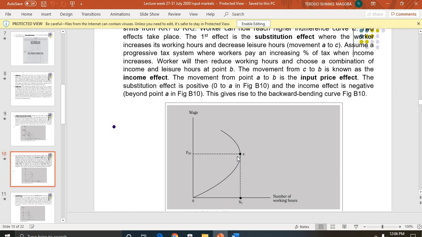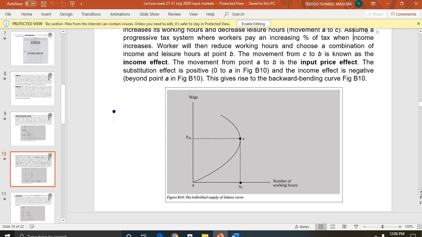Anything that's going to give you leisure, you would want to do, than to work hard and have your money taken away by taxes. So from point A going onwards, this is the income effect. Alright? Where he will now decrease the number of working hours, even though his wage is increasing because of the progressive tax.